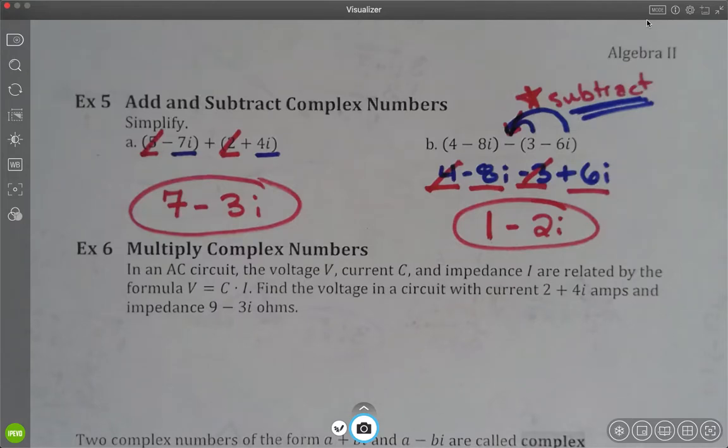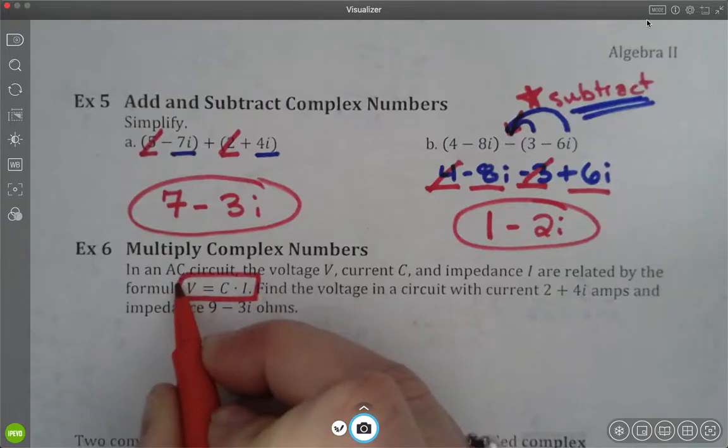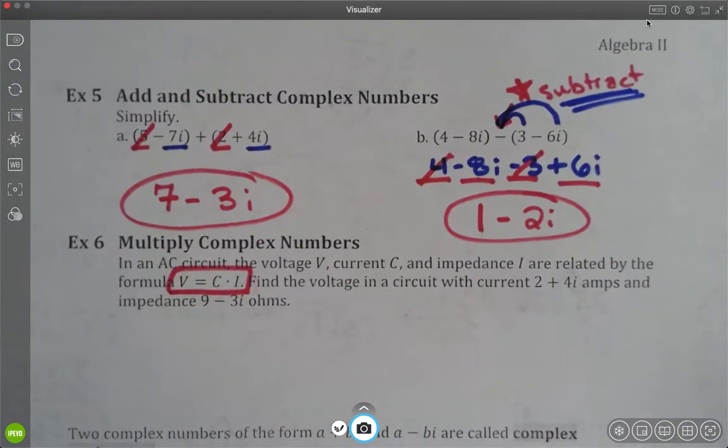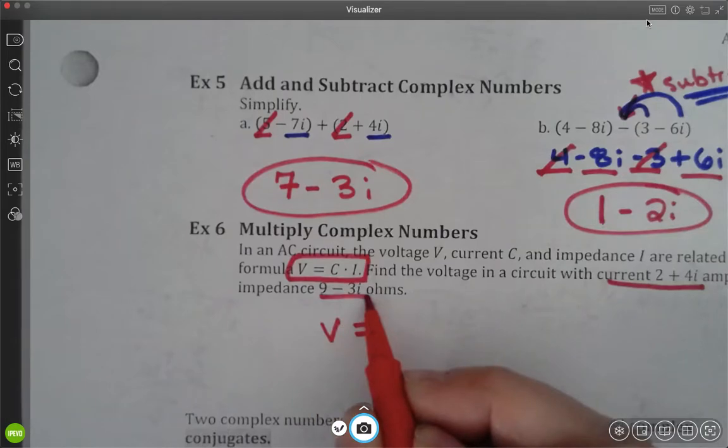Okay, last one. An AC circuit. In an AC circuit, the voltage, current, and impedance are related by the formula: voltage equals current times impedance. Find the voltage. So we're trying to find V. They say the current is 2 plus 4i, and the impedance is 9 minus 3i.